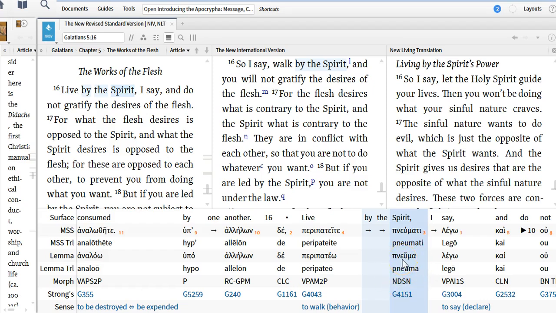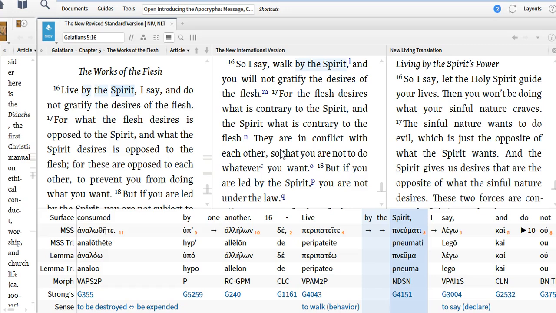"By the Spirit" probably is indicating a dative of reference. Walk with respect to the Spirit, with reference to the Spirit. Or perhaps as a dative of instrument. By what means is Paul telling us to walk? We are to conduct ourselves, because walk is metaphorical here. It's not literally putting one foot in front of the other, but conducting our lives by means of the Spirit.